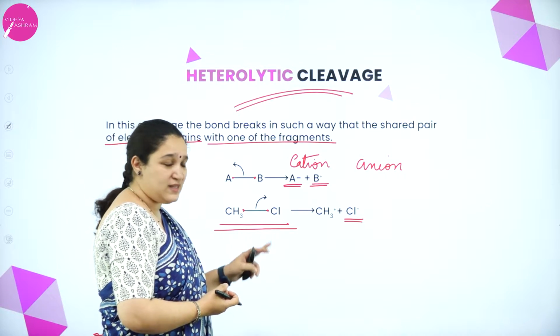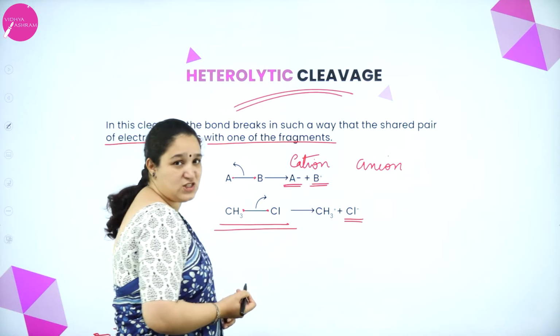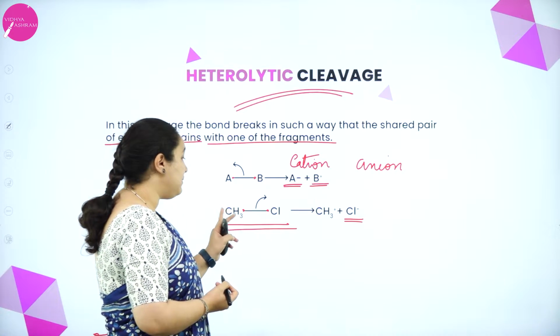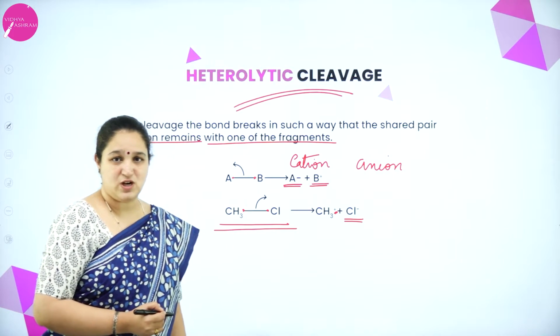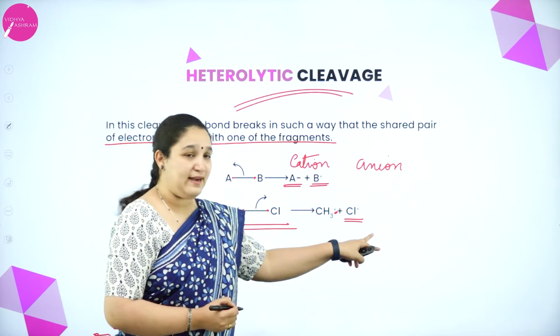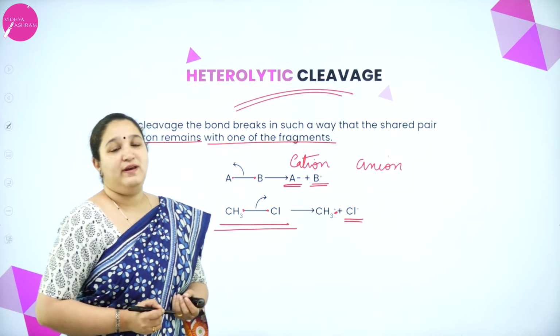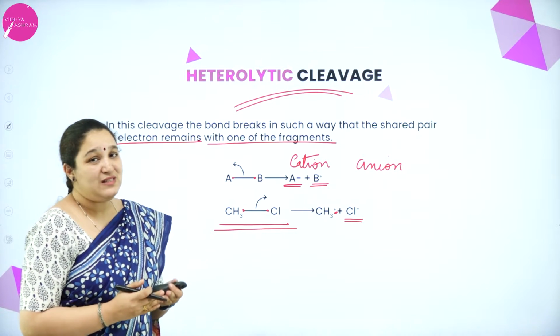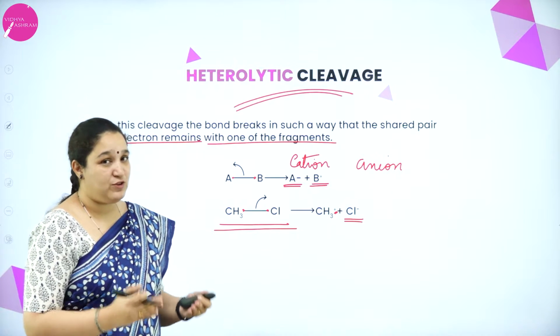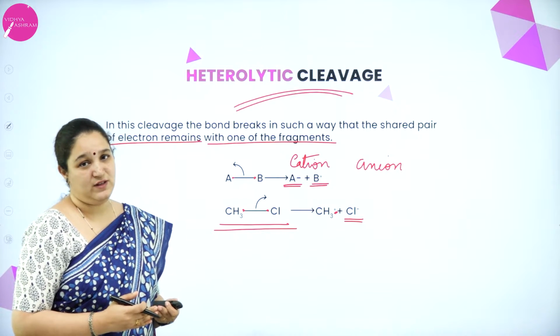So it has got one extra electron, and we put a minus charge. Carbon has lost one electron, so it has got a positive charge. So you get a cation and an anion when heterolytic cleavage happens. This is heterolytic fission or heterolytic cleavage.